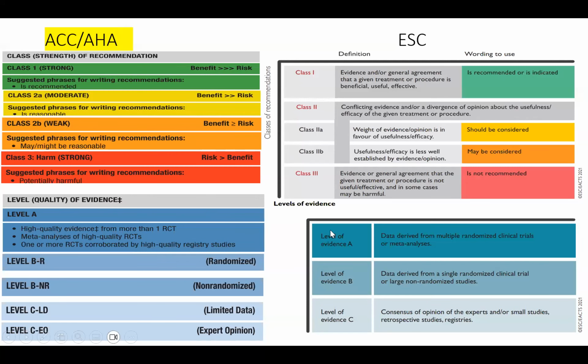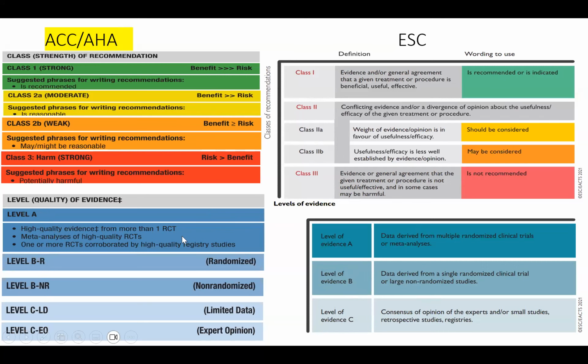Then the level of evidence, the ESC has a simpler one, just level A, either from multiple randomized controlled trials or meta-analysis. B, meaning from single randomized controlled trials or large non-randomized trials. And C, from registries, retrospective studies, and expert opinion. While the ACC-AHA divided theirs a bit.